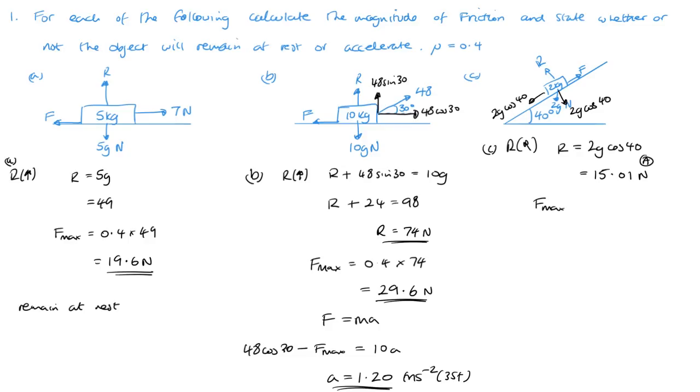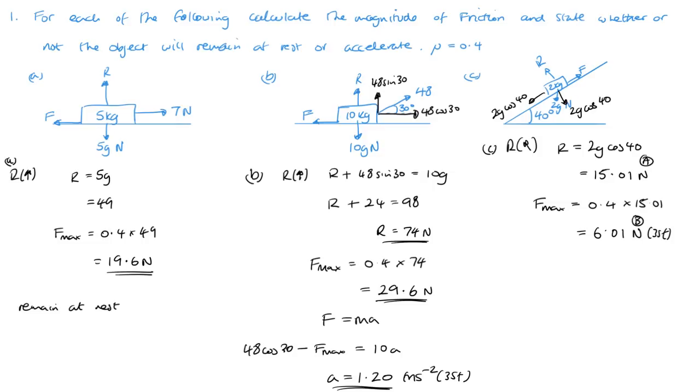F max is 0.4 times 15.01. So using the full value times 0.4, we get 6.01 newtons to 3 significant figures there. And again, I'll store it as B to use a little bit later.